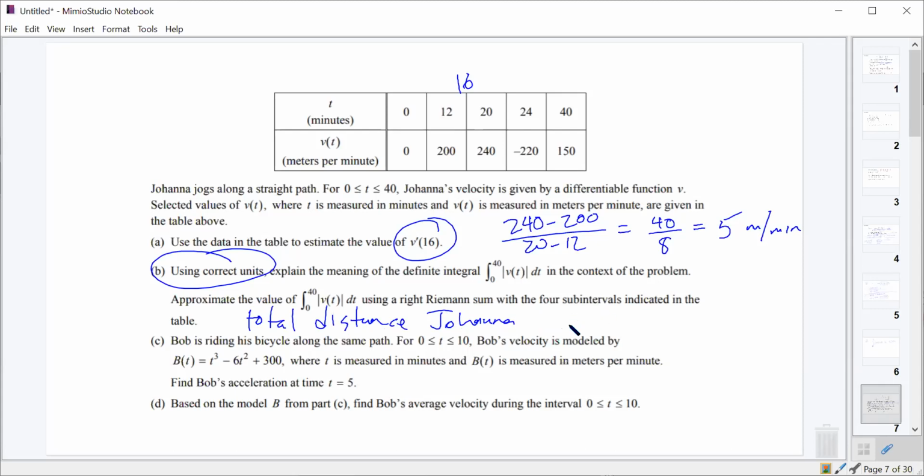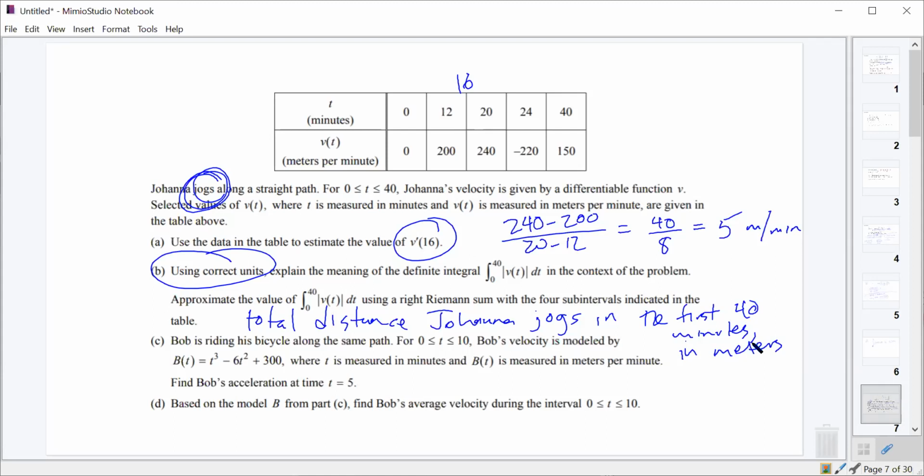Actually, she's not running, is she? She's jogging. We don't want to say she was running. She was just jogging. Not that that matters. Jogs in the first 40 minutes. And we would say measured in meters, right? Because the integral of that absolute value of velocity is a total distance, which is meters. Everybody good there?